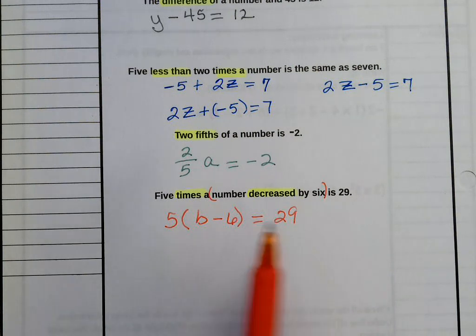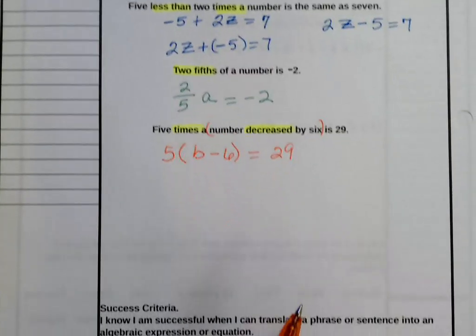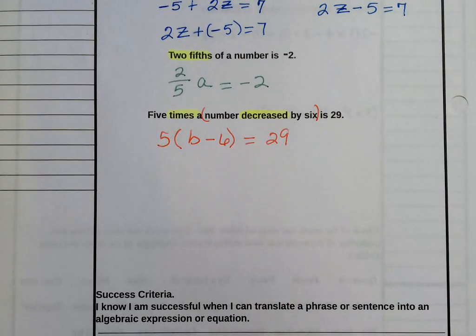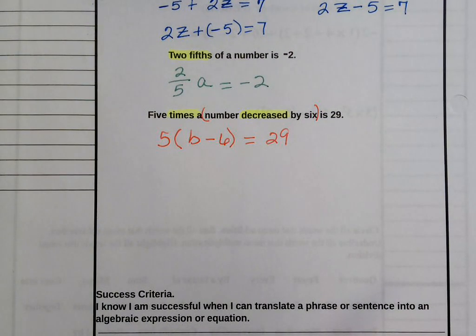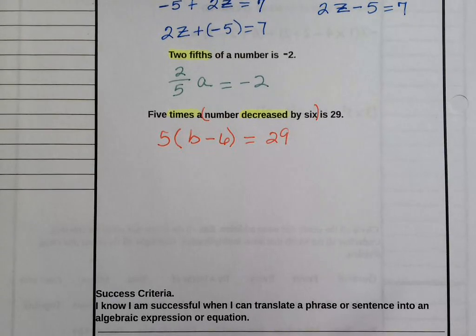So, whenever it shows you this situation, 5 times and then a number decreased by 6 or a number added to 8, whatever, that has to go into parentheses to create that single number. So, any questions? If you're still struggling, back the video up and listen to it again.